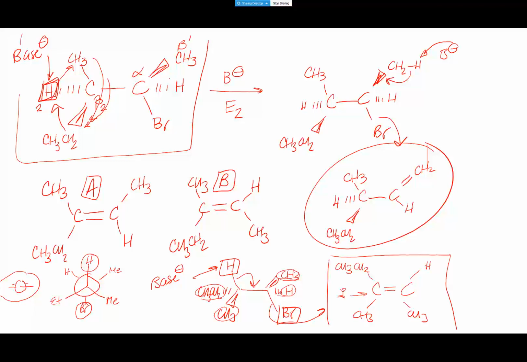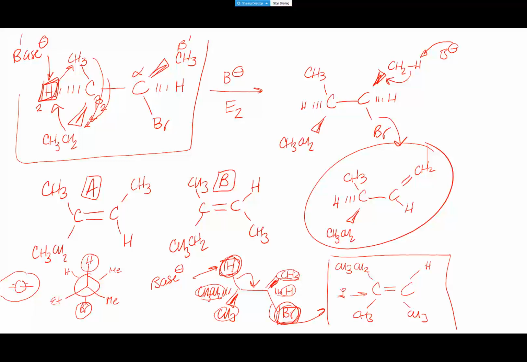B isn't an option because this is the only conformation where this hydrogen is anti-periplanar to that bromine. And so when the base comes in and grabs that hydrogen, the bromine leaves, the groups that are bold are going to become cis, and the groups that are dashed are going to become cis. And so that's how the geometry gets set up.